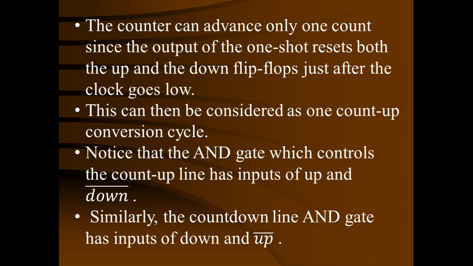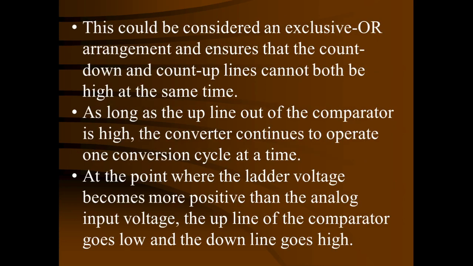Similarly, the count down line AND gate has the inputs down and up bar. That means the lower flip-flop output, that is down, and the upper flip-flop Q bar, that is up bar, are the inputs for the AND gate whose output is connected to the count down control line of the counter.